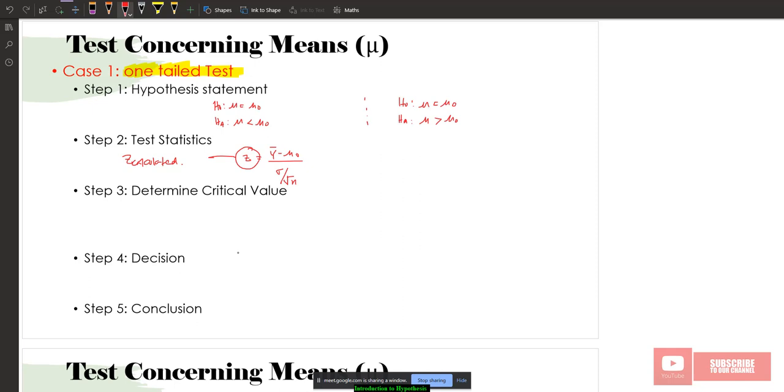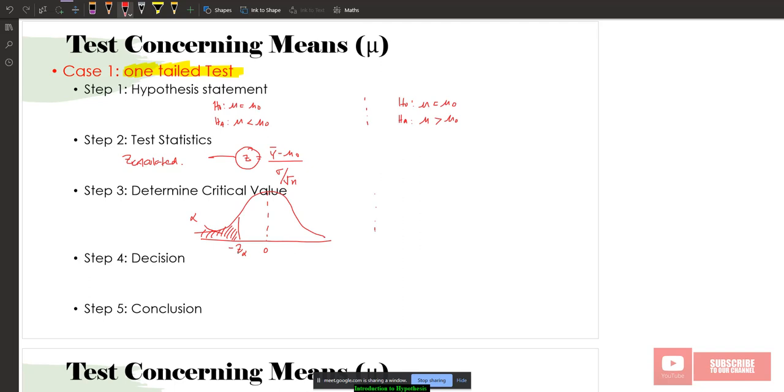For the critical value, the rejection region should be on the left hand side. This is going to be your alpha, at negative Z alpha, and this is 0. Let's say you have already converted into a standard normal distribution.